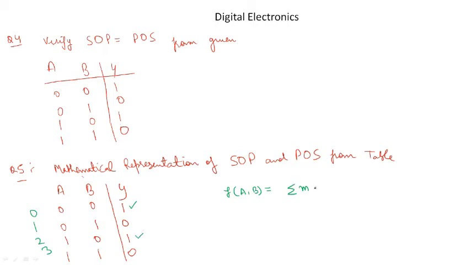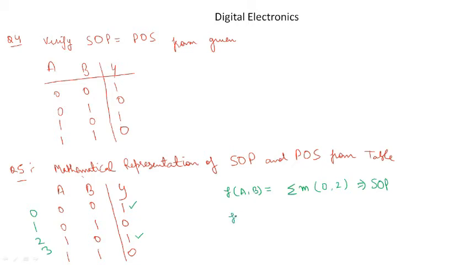So we can write it as sigma m of 0, 2. Sigma m means min terms. So decimal number 0 is producing output 1, and decimal number 2 is also producing output 1, so both are written here. This is the SOP form, and mathematically we can write it as sigma m 0, 2.